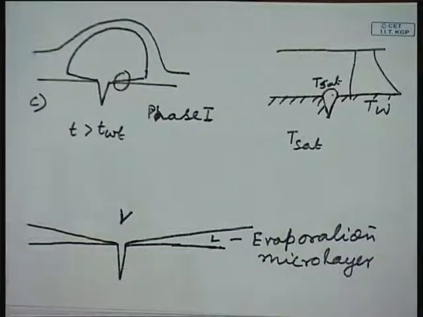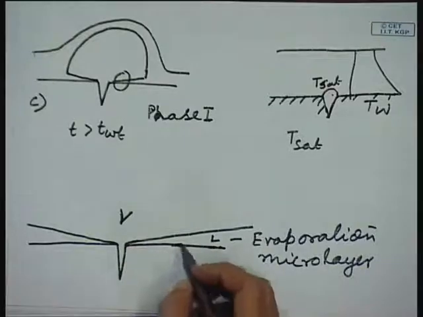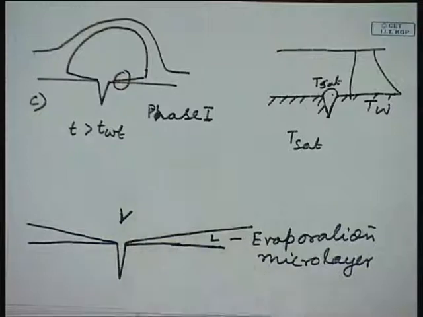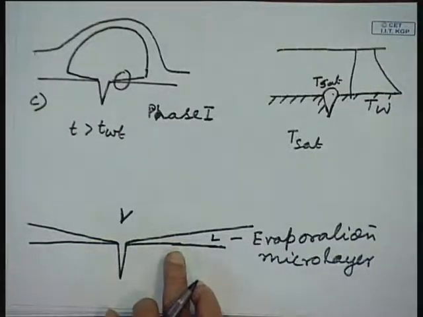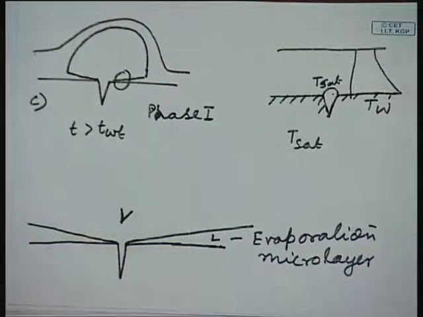So, there are many models that model this micro layer, and the bubble growth is mainly due to evaporation from this micro layer. This is a micro layer. So, there will be evaporation from this micro layer, and you can understand that it is very, very thin. Actually, where it comes close to this nucleation site, it is at the molecular level. So, many people have modeled it, mechanistic modeling is there.